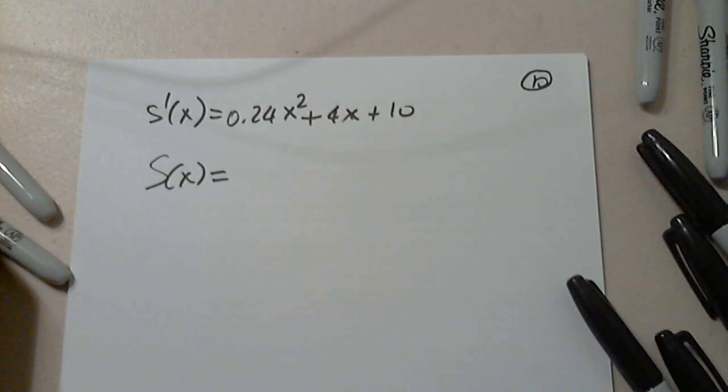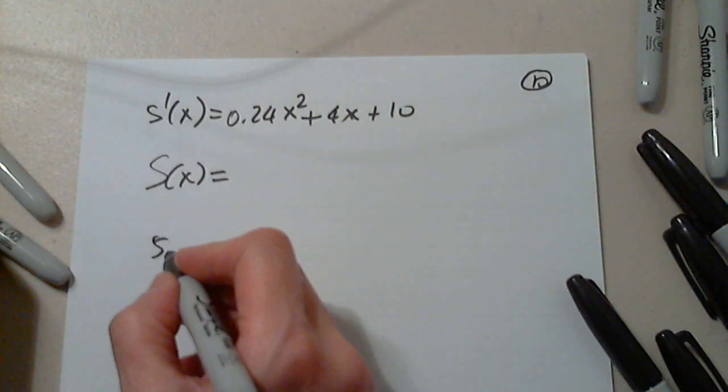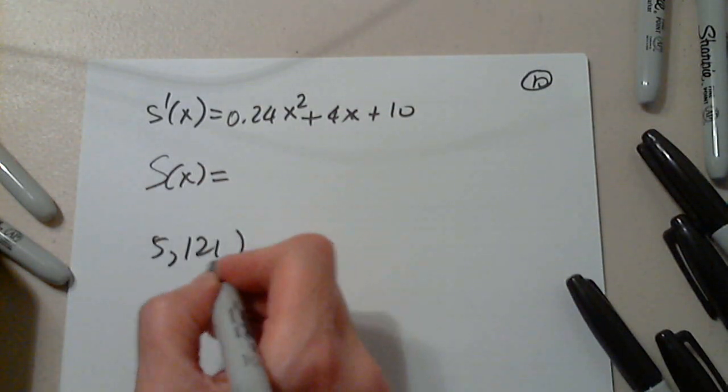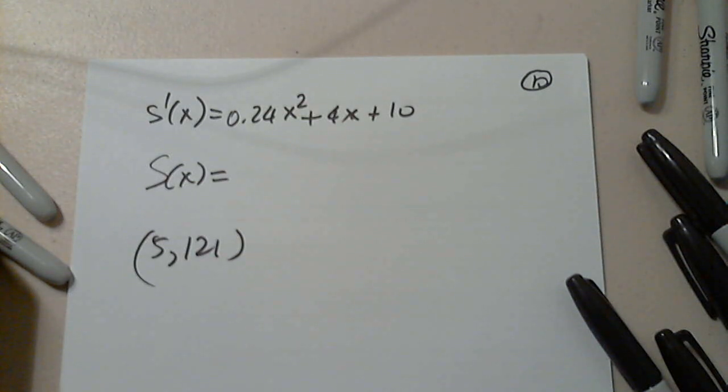If it is known that they sell 121 plates when the price is $5 per plate, so 5 comma 121. Supply is 121 when the price is 5.